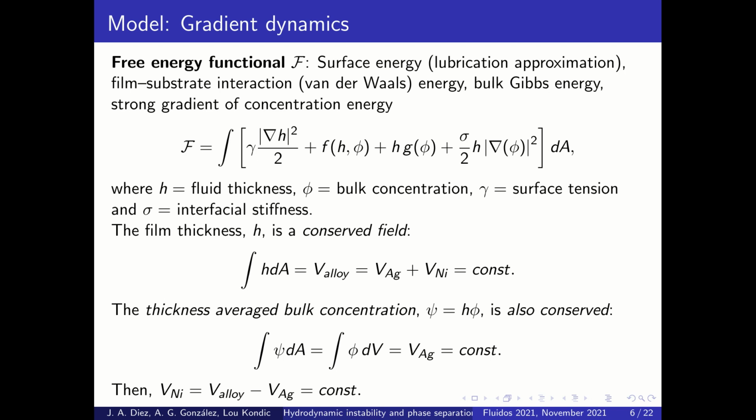Here what we have is two variables, h and psi. Psi is the thickness-averaged bulk concentration, and these two quantities are conserved, as shown here by integrating this variable over a given area of the substrate covered by the film.